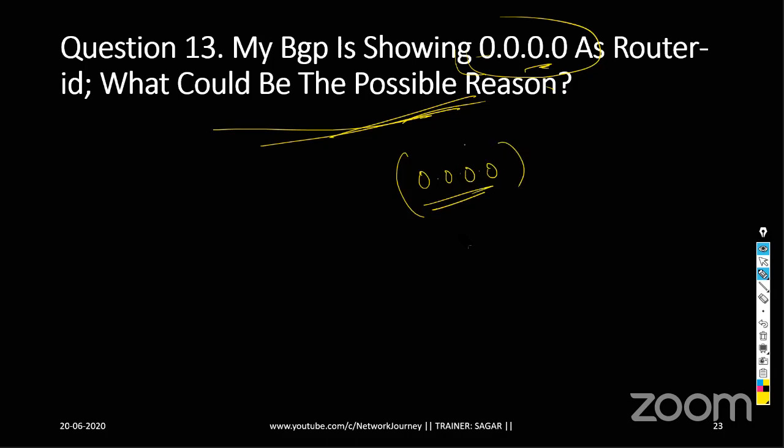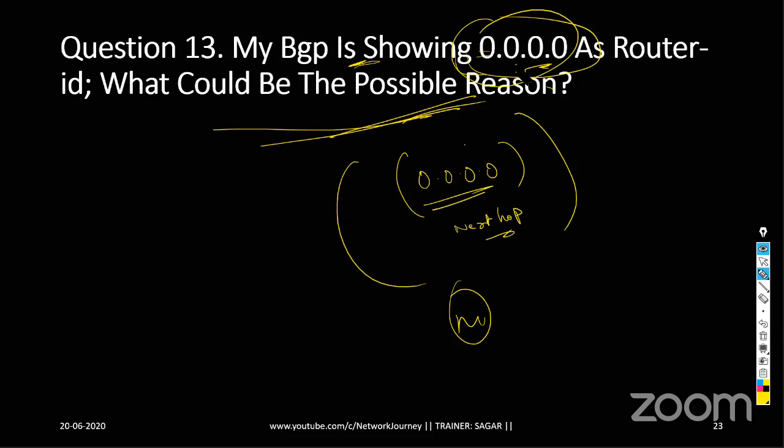No, that's something different. When you have the next hop as 0.0.0.0, that means it's locally connected. But I'm talking about when the router ID is shown as this, not the next hop. The next hop originates automatically to tell you that I am locally originating.